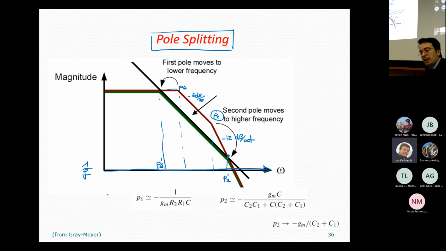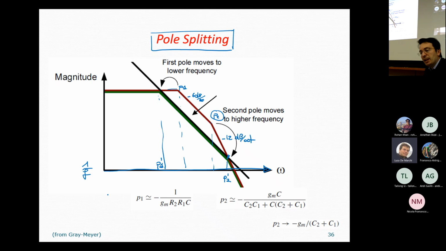So what about the phase curve? Well, the phase curve in the first part of the frequency range is shifted because P1 prime occurs before P1.